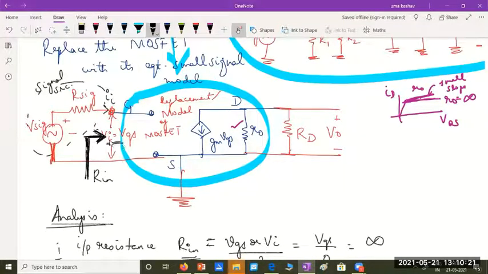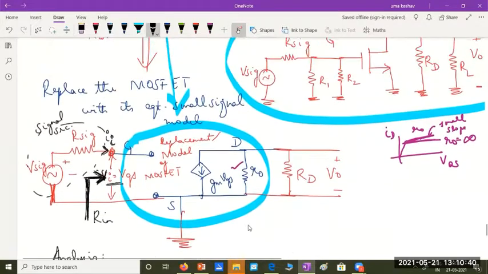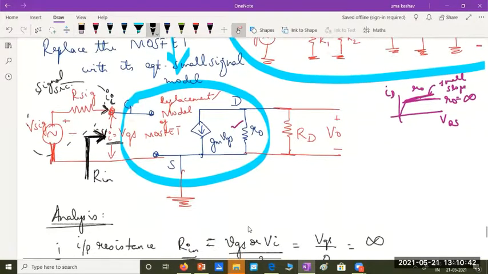What do I have when I see from this side? I have a voltage Vi or VGS. The gate source voltage is here, Vi or VGS. And if I consider there is a current Ii here, I'll divide the applied voltage by the current, so Vi divided by Ii. But if you look at the input side, there is an open loop here.